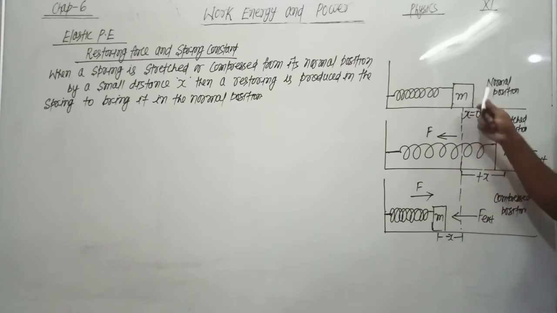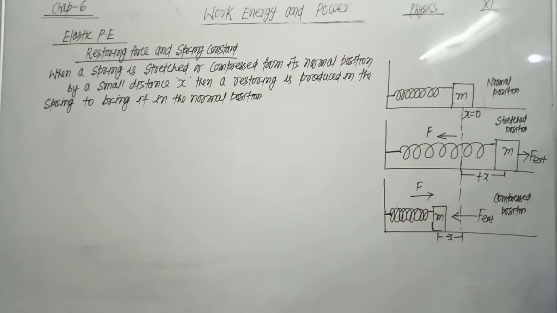In the first condition, the spring is in normal condition. Displacement x equals 0 because no external force is applied to the mass. This is the second case, when the external force is applied in the forward direction.